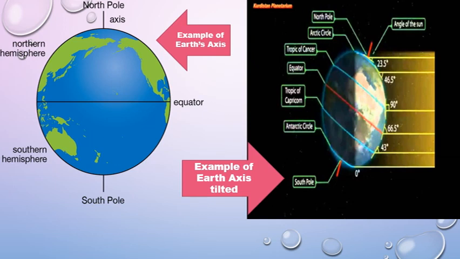The Earth's axis is an imaginary line that passes through the center of the Earth from the North Pole to the South Pole.